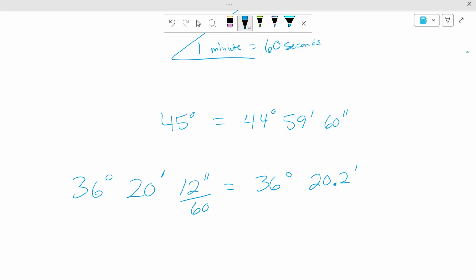Now what we're going to do is take that 20.2 and divide it by 60 to get a decimal. So this is 36, okay, take 20.2 divided by 60 and round it to the nearest 4 decimal places. So 20.2 divided by 60.